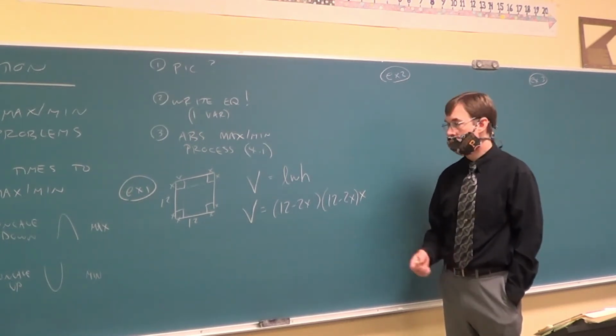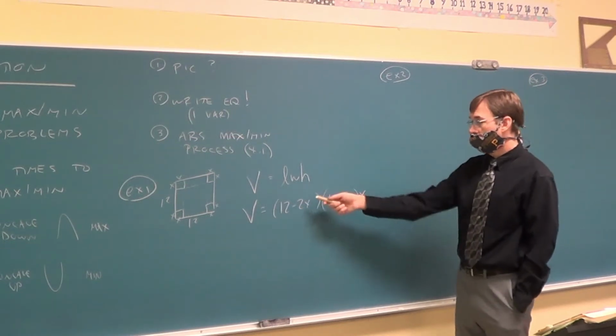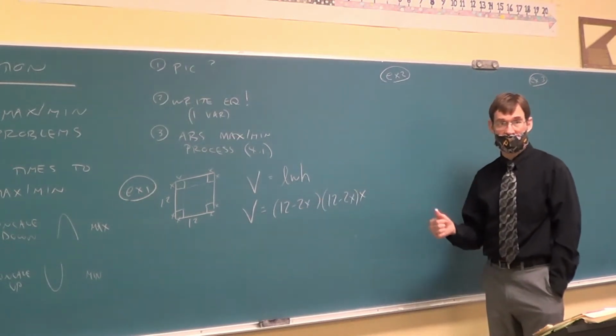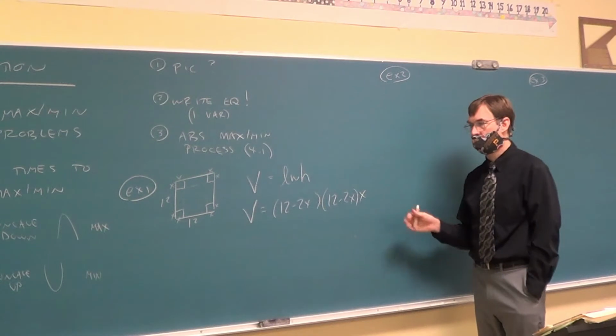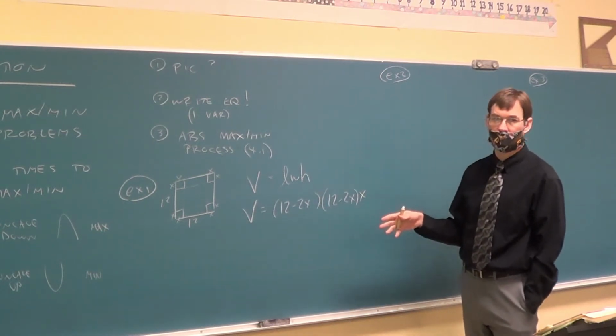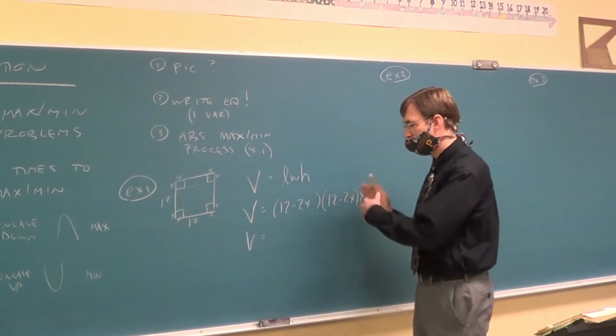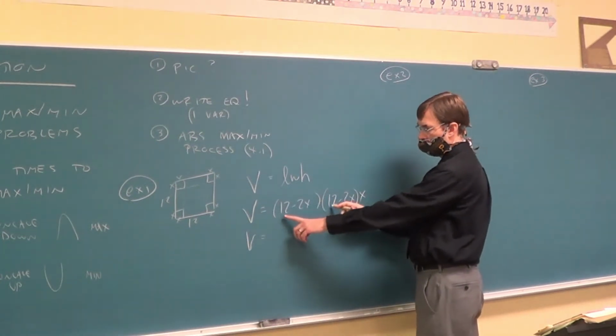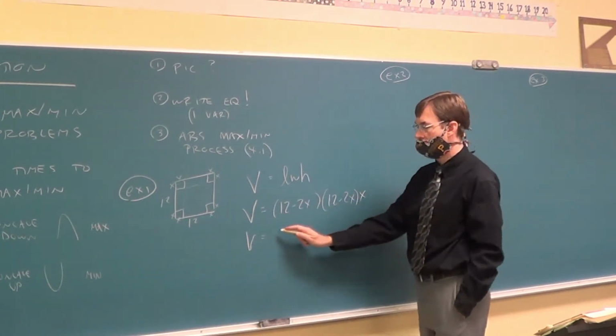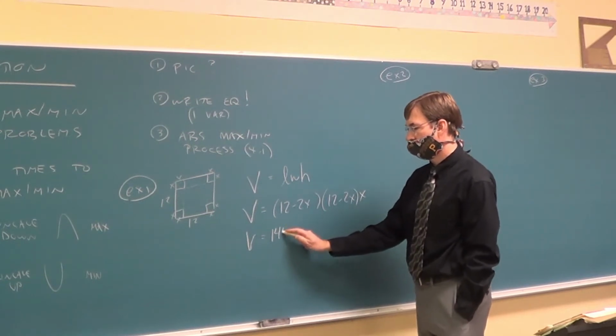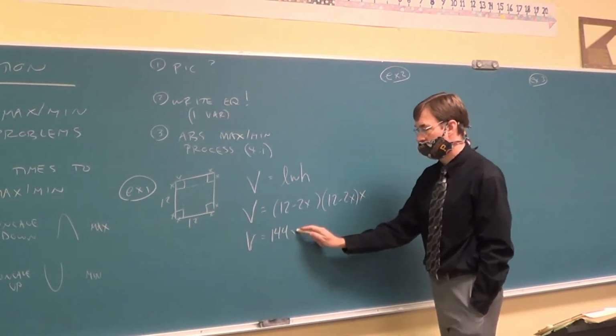Okay. Would you want to do the product rule on that? You want to do the derivative right now? Not so much. What would you be better to do? Yeah, just multiply this all out. So a pair of 12s would get you 144, but with that X in the mix as well.